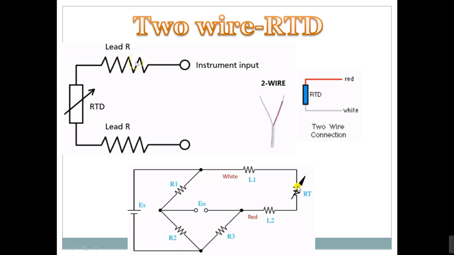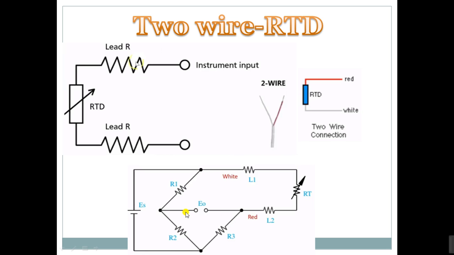After that, this device is connected in the Wheatstone bridge. If temperature increases, the resistance of the device increases. Once the device resistance increases, the bridge becomes unbalanced.